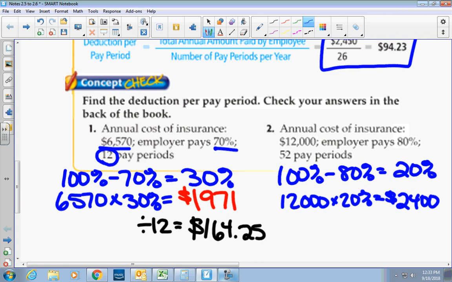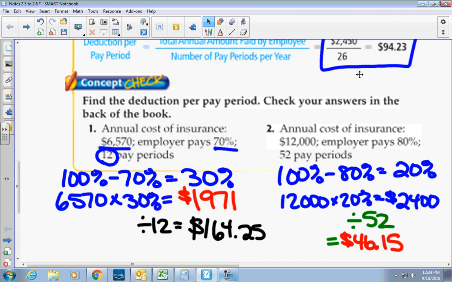And we're going to divvy that up into 52 pay periods. So 2,400 divided by 52. $46.15. To the nearest penny? Yes.